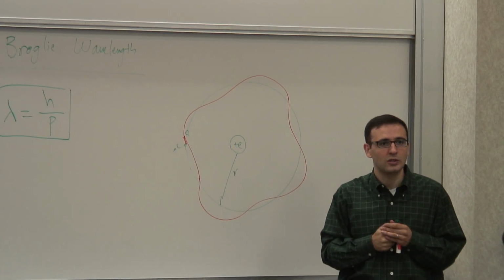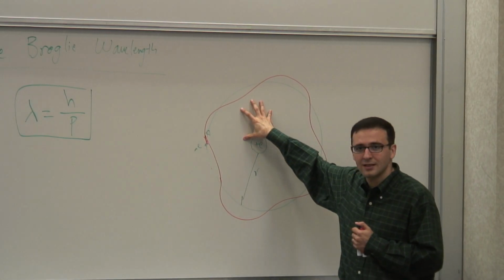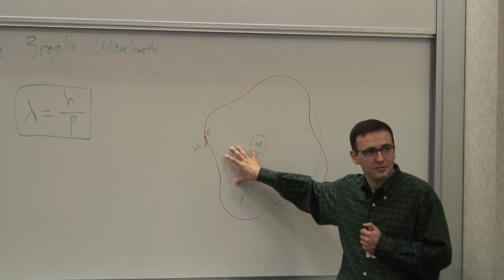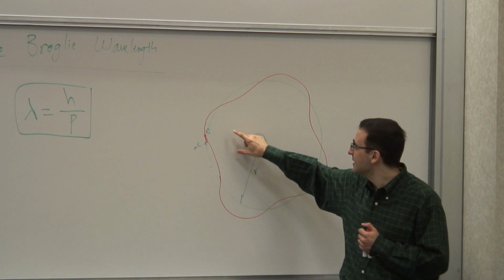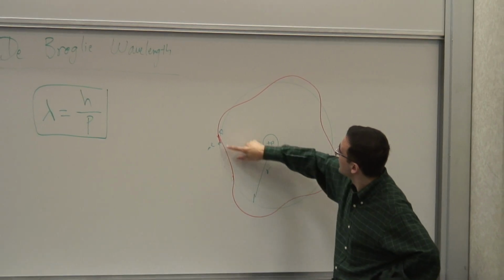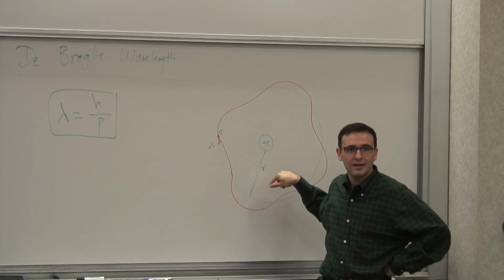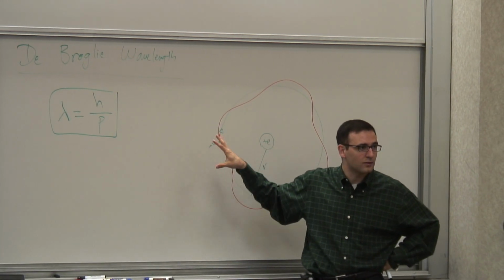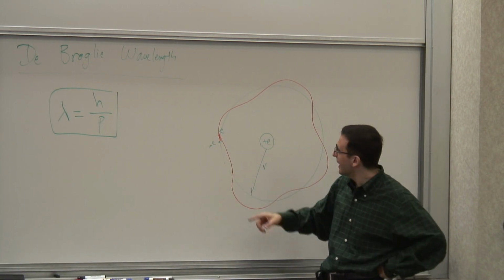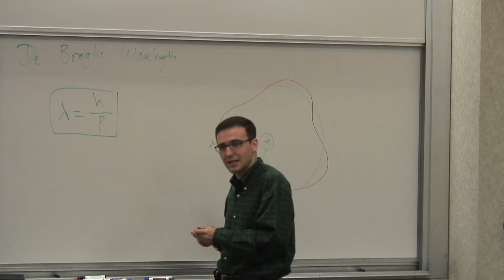What is the relationship between this wavelength and the radius that guarantees that the circumference of the circle is an integer multiple of the wavelength? If that's the case, the wave comes back in exactly the same way as it started, so it can form a standing wave.